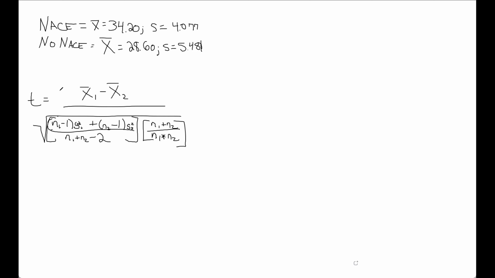Okay. So we apply this formula to doing an independent samples t-test. And so all we do, just as usual, is start plugging in values. So the mean for group 1 is 34.2 minus the mean for group 2, which is 28.6.